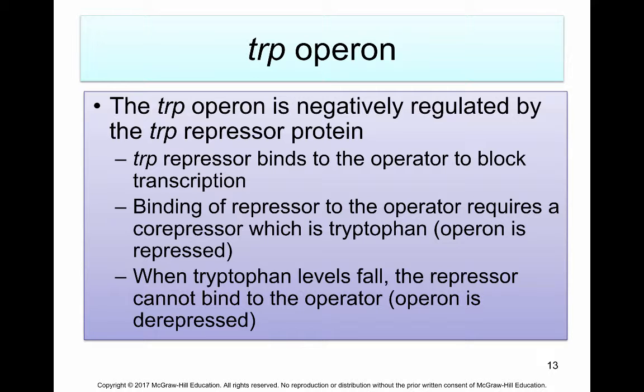However, when your cells use up all that tryptophan, making other proteins or whatever it's doing with that amino acid, when those tryptophan levels start to decrease, the repressor now cannot bind to the operator because tryptophan, that co-repressor, is gone. So now it cannot bind there.